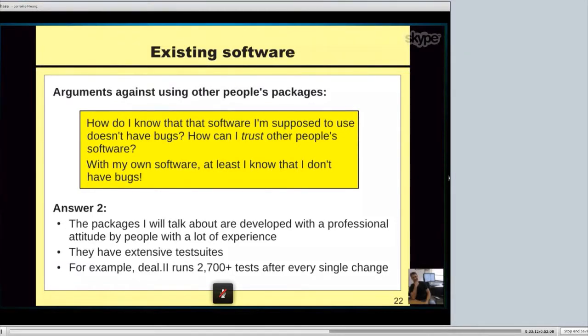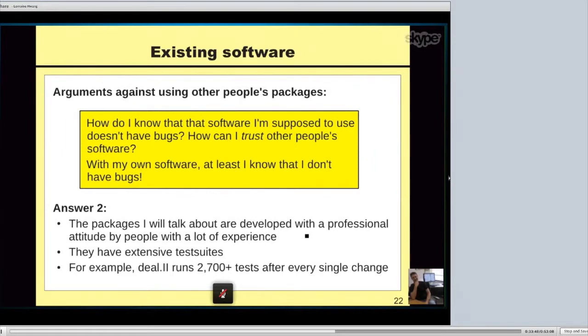So if I change something in deal.II and it has some sort of unintended consequence, chances are that one or the other of these tests will fail. We have websites that show for every single revision which tests succeeded and which failed. So if somebody changes something in the library that broke something, we will know within the next 2 hours.